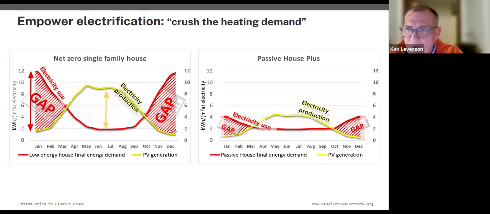So what it unpacks, which Craig wrote in the chat here, is that the way we think about net zero, which I'm trying to speak to here, is not true net zero because you have long-term losses, and you actually have to produce more to make up for those losses. It's just not a terribly efficient way to go about it.